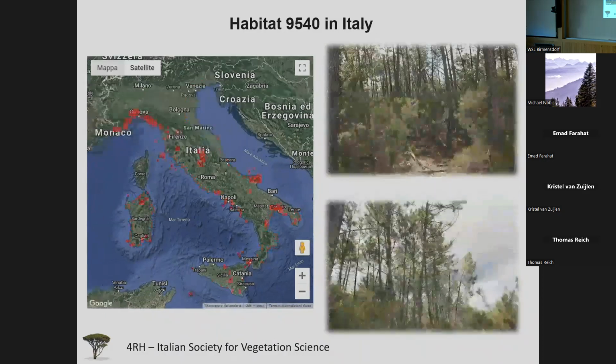This instead is the distribution in Italy of the parallel habitat, still with Mediterranean pine forest, but not occurring on sandy soils, but on rocks. And you see that even though the dominant species of the forest is the same, the distribution is pretty different.